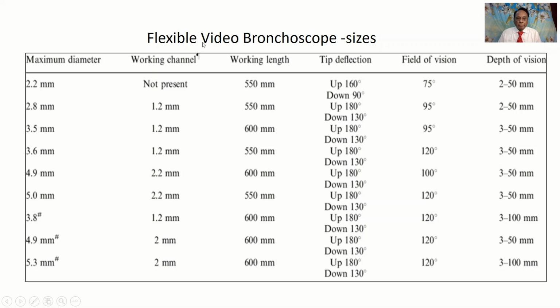Look at the flexible video bronchoscope sizes. The outer diameter is taken as the size, and the size varies from 2.2 millimeter, 2.8 to 3.5, 3.6 to 4.9 and so on. The smallest one is 2.2, but it doesn't carry any working channel. That is why some people may purchase wrongly. If there is no working channel, it is very difficult to suck or put in normal saline.